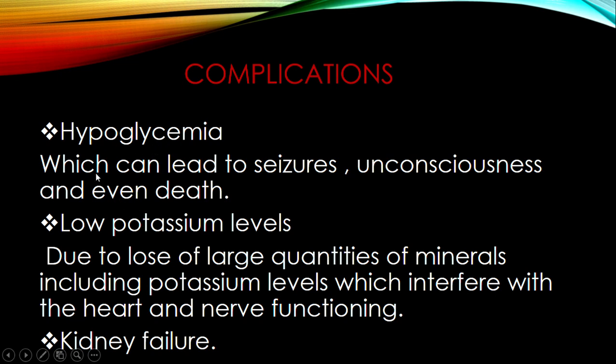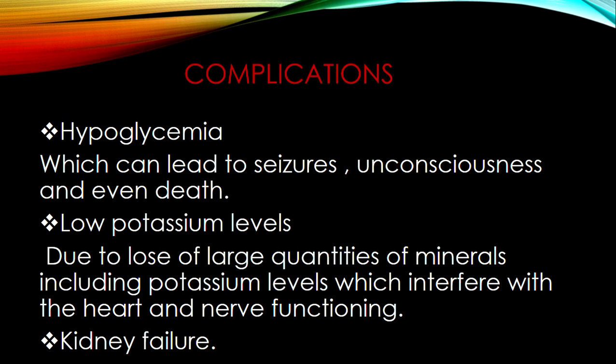The second complication is low potassium levels. This is due to loss of large quantities of minerals, including potassium, which interfere with the heart and nerve functioning. We saw during the pathophysiology that this person starts losing a lot of electrolytes such as potassium, sodium, chloride.